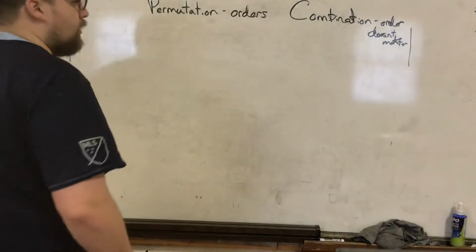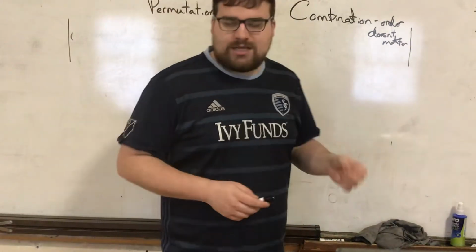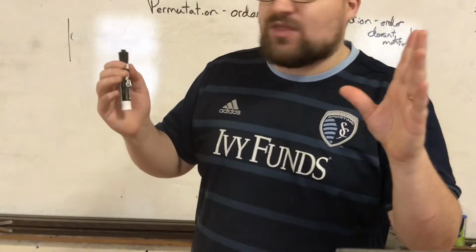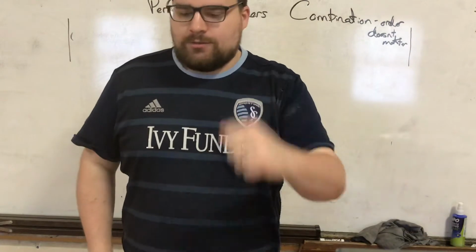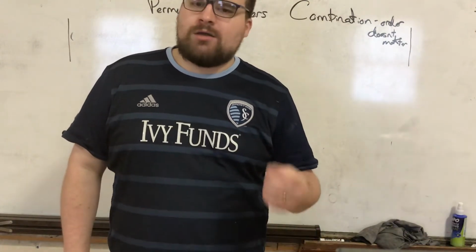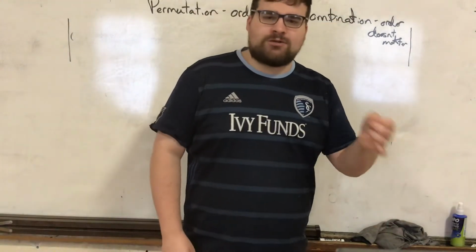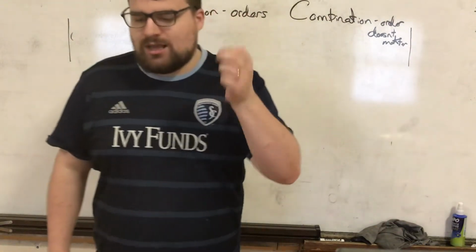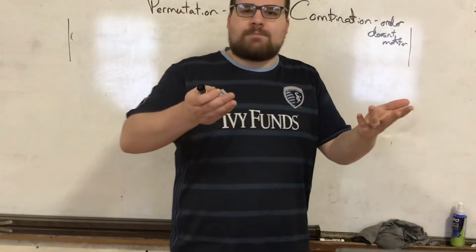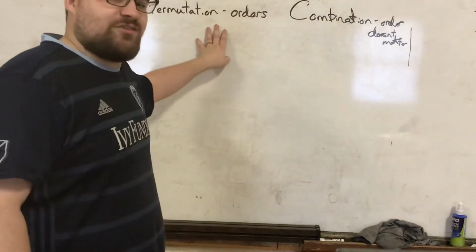But a combination doesn't matter. If we're choosing 10 people out of 1,000 and each one gets $50, does it matter the order we choose them in? No, because every single person, all 10 of them, is getting the same prize. Every one of them is getting $50, right? They're all the same, whereas first, second, and third are different.